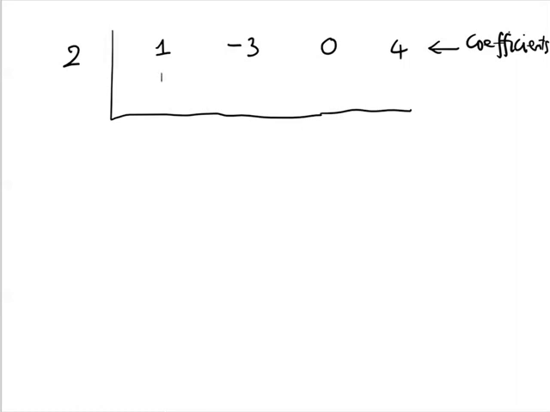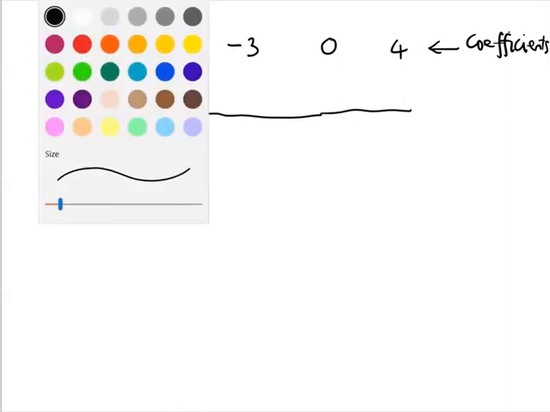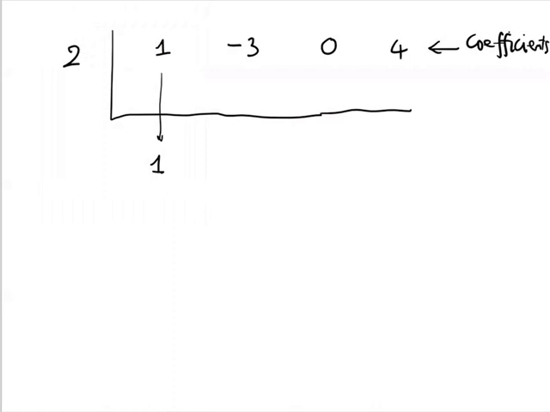Now, the first number here, we rewrite it down here. And then we take this value, multiply by the root, which is 2, and write it down here. And add them up. -3 plus 2 becomes -1.